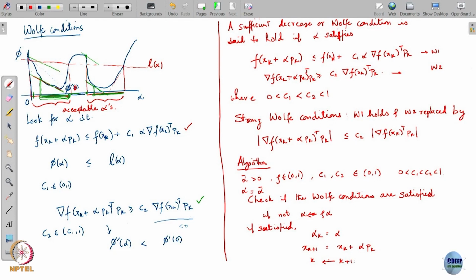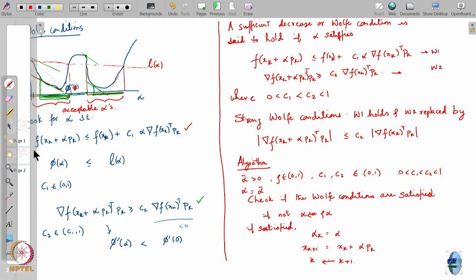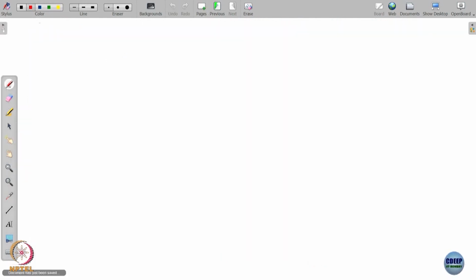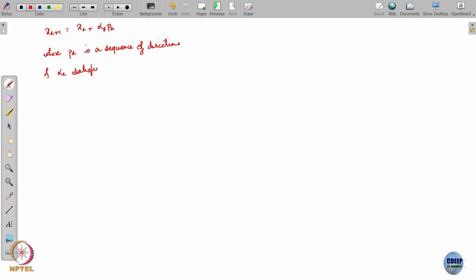So your algorithm effectively takes you through these iterations where x k plus 1 equals x k plus alpha k p k, where p k is a sequence of directions, and alpha k satisfies the Wolfe conditions at each k.